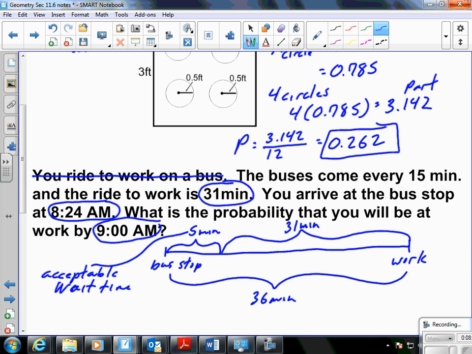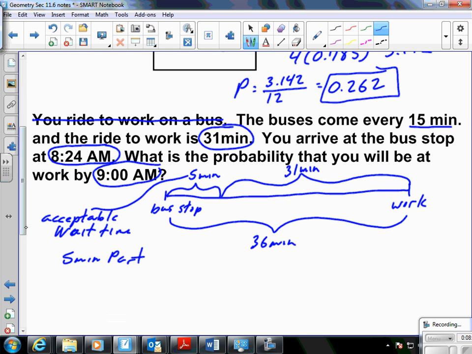So if our acceptable wait time is 5 minutes, buses come every 15 minutes, then 5 minutes is the part of the time that I can wait, but 15 minutes is the whole, the possible time that I could wait.